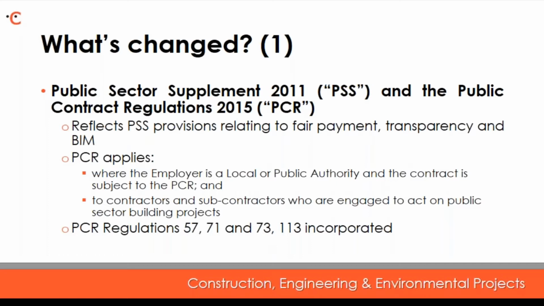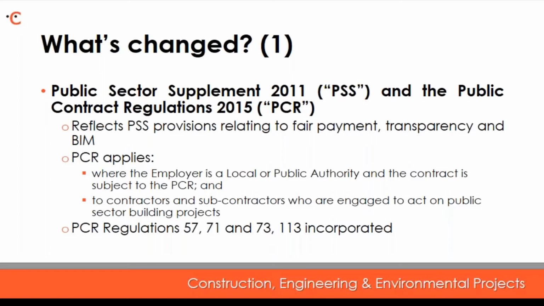As well as being used by public bodies, this update will also apply to contractors and subcontractors who are engaged to act on public sector building projects. Provisions to note which are included by the Public Contract Regulations in the 2016 suite are Regulations 57, 71, 73 and 113.